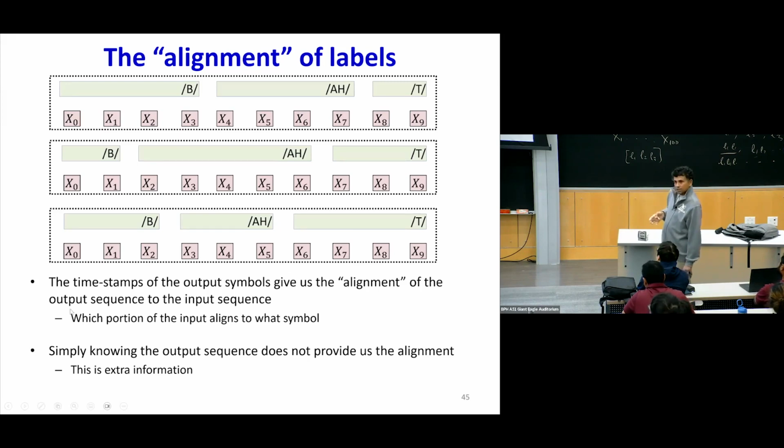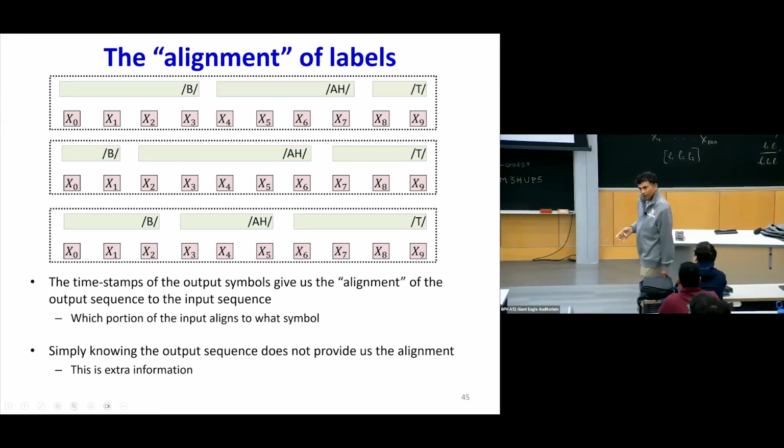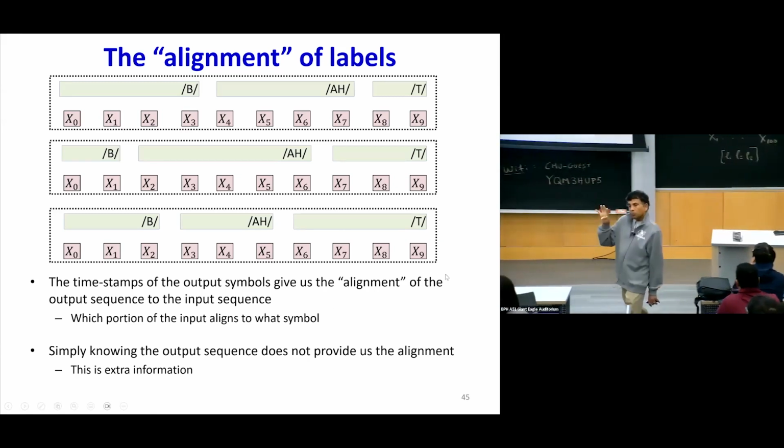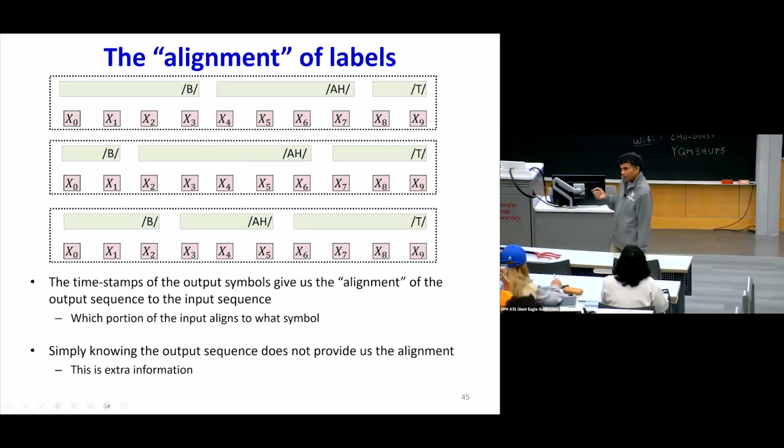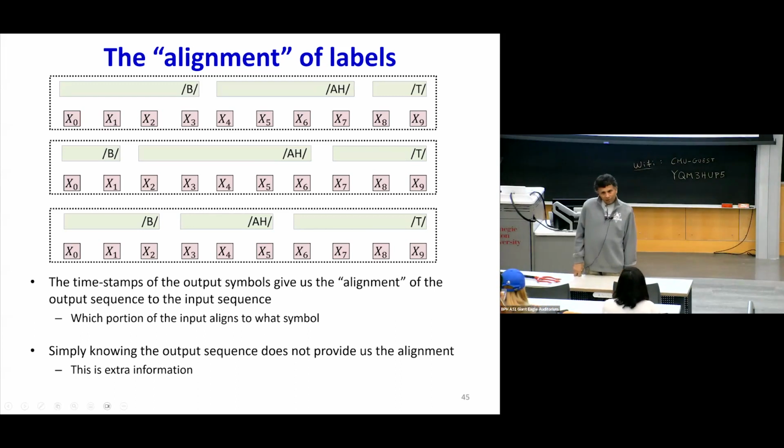Here my input is 9 symbols long, right? 9 inputs long. My output has only 3 symbols. So the only thing you know is that t must occur at the final time, right? So how many different ways do we have of aligning but to this input? Anyone? How many different ways would we have? That's a lot, right?